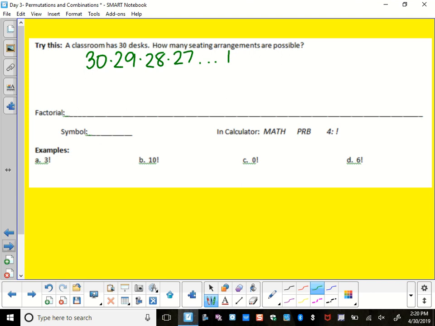Write that down. Do you think I want you to spend time doing that on your calculator? Absolutely not. So we are going to learn something called factorial.